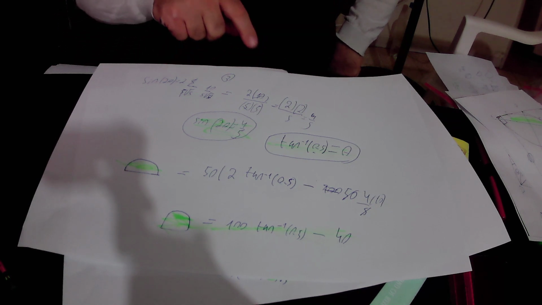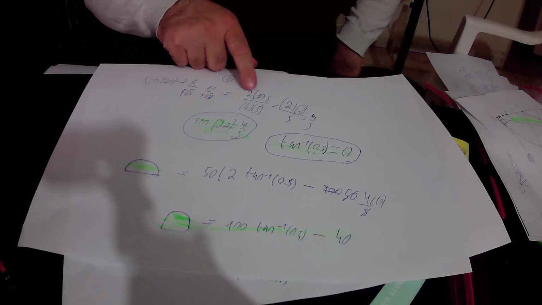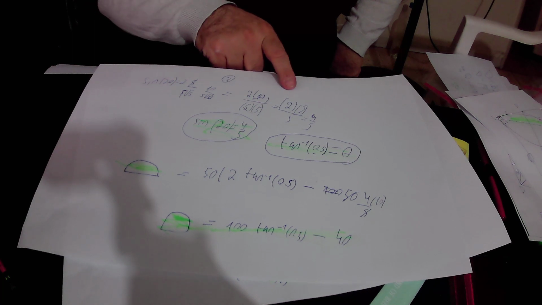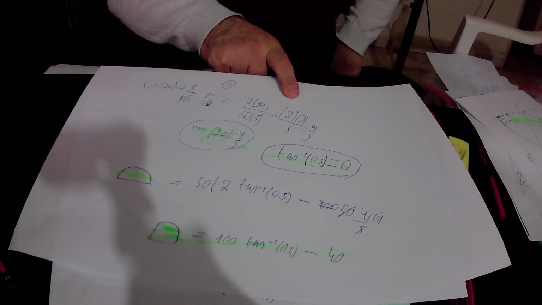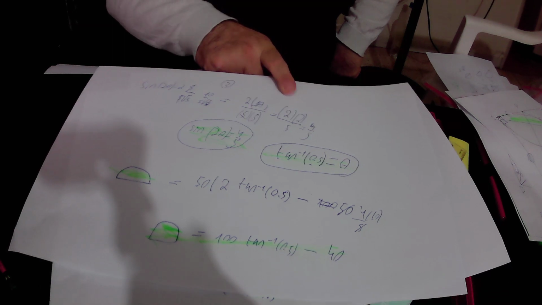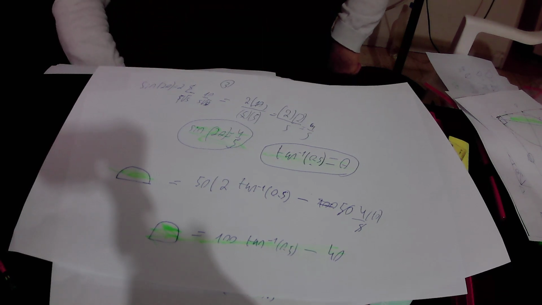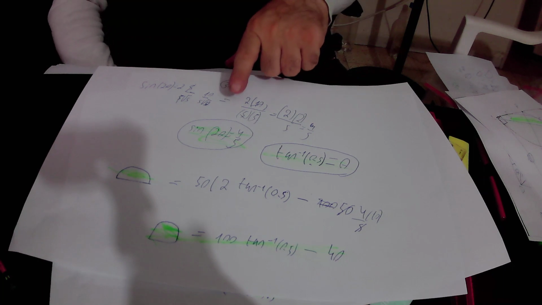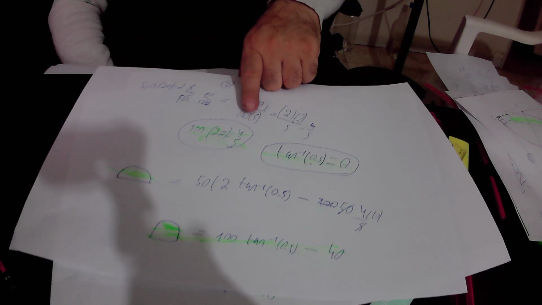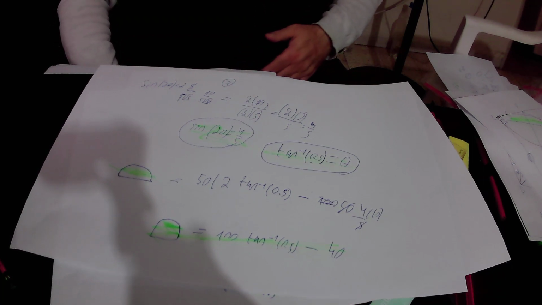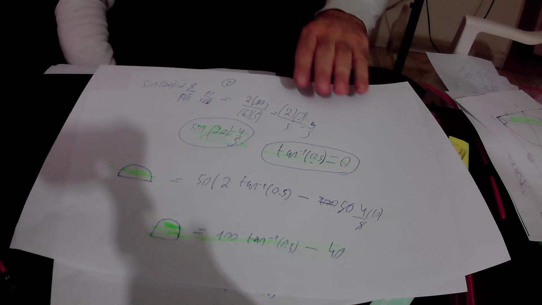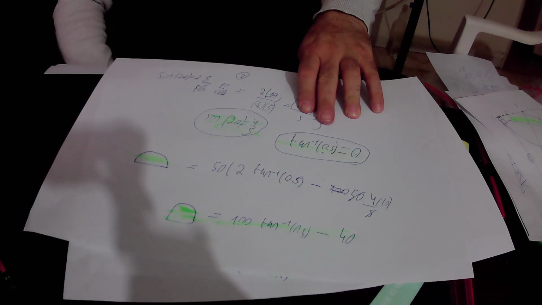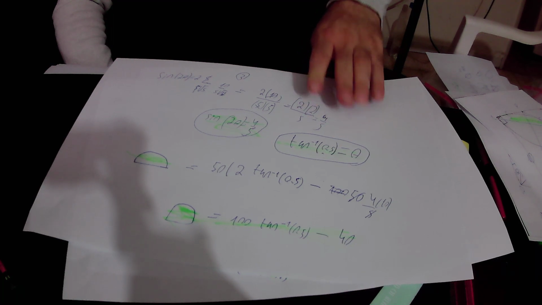So 10 over 5 is 2, so in the numerator we have 2 times 2, and in the denominator we are left with 5. 2 times 2 is 4. So in conclusion, we found that sinus 2 theta equals 4/5, while tangents minus 1 of 0.5 equals theta.